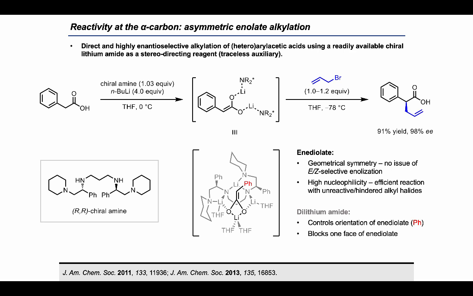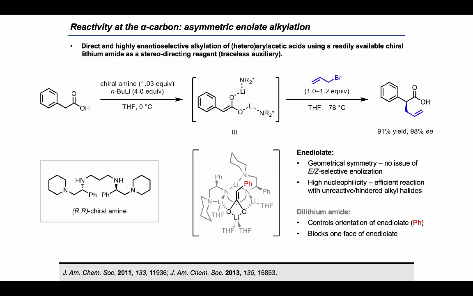The dienolate and dilithium amide form a tetralithio aggregate comprised of the 2 dianions as shown. The dilithium amide controls the orientation of the dienolate, with the phenyl group in red pointing up and to the right as shown. This orientation is energetically more favorable than other possible aggregates, with steric clashes between the dienolate, amide, and solvated lithium ions minimized.